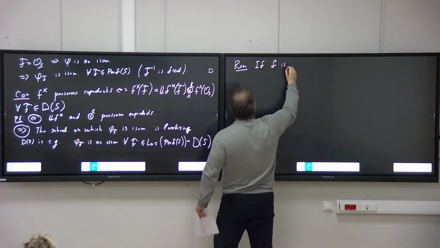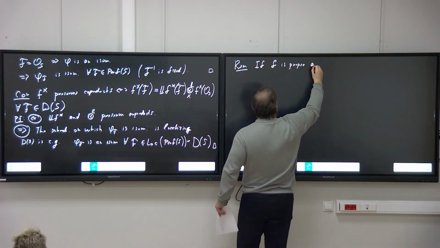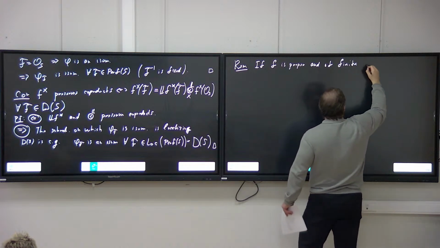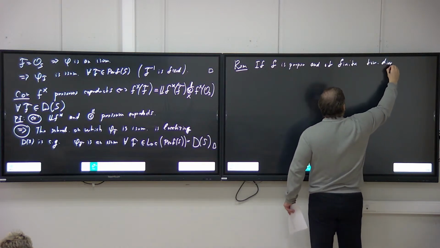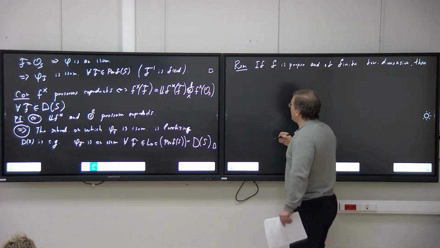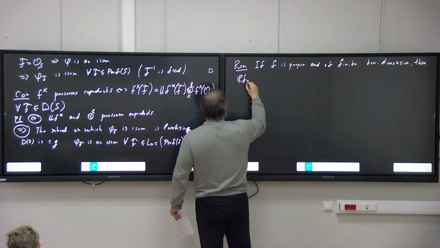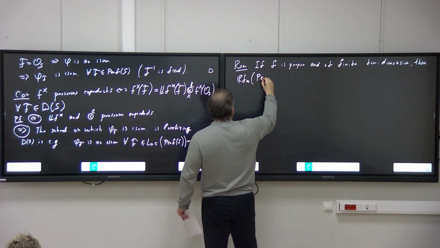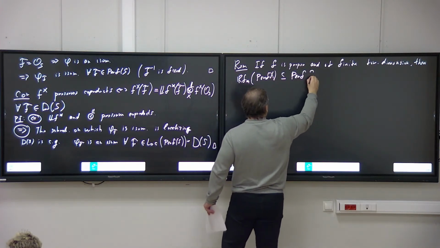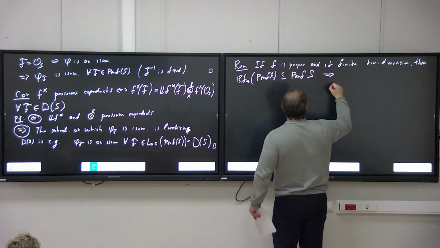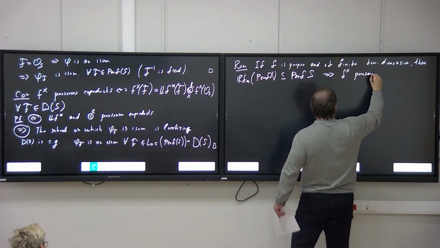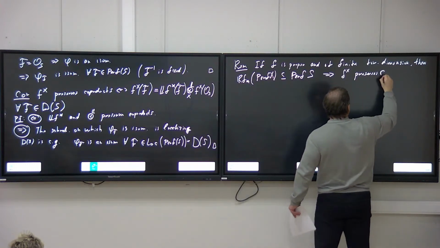If f is proper and of finite flat dimension, then in this case Rf lower star of the Perf of X is contained in the Perf of S, and in particular f with the cross preserves coproducts.